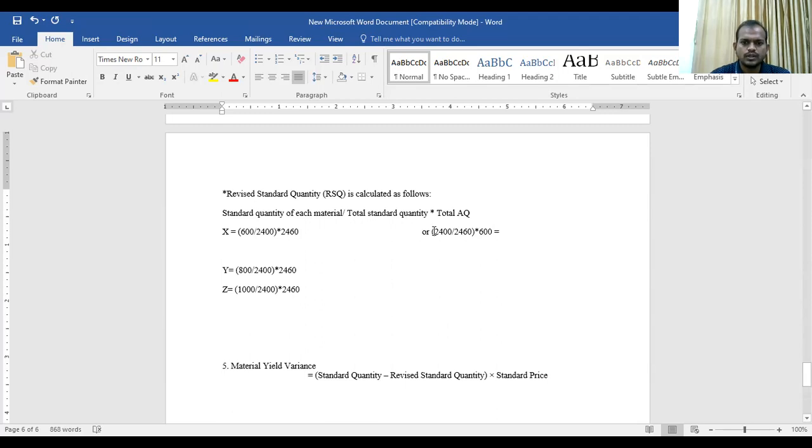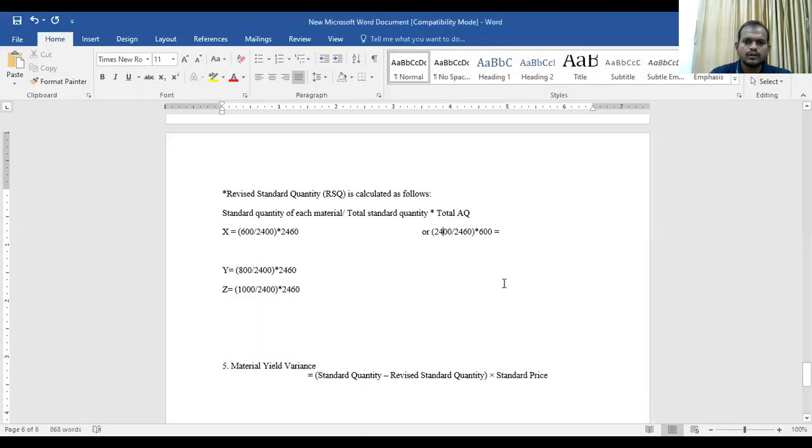Or we can use it like this: 2460 divided by 2400 into 600. So that means total actual quantity by total standard quantity into standard quantity of each material. So the calculation will be the same.